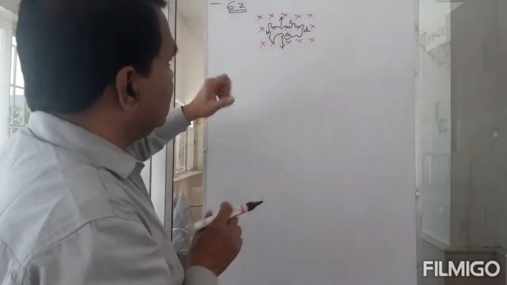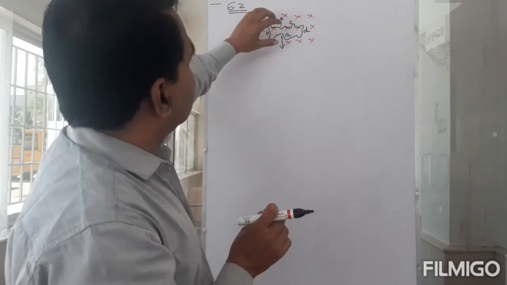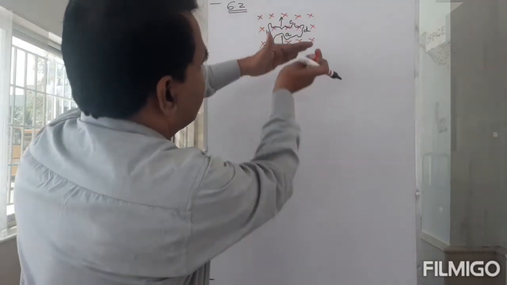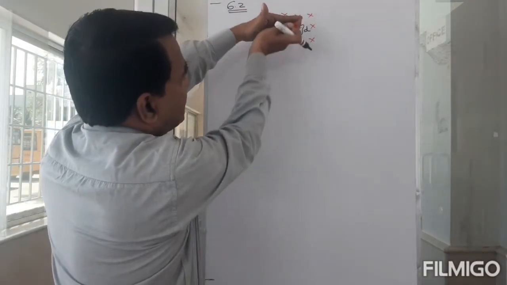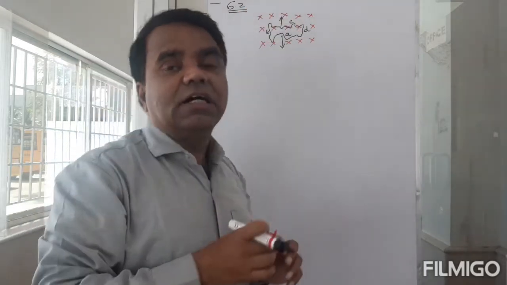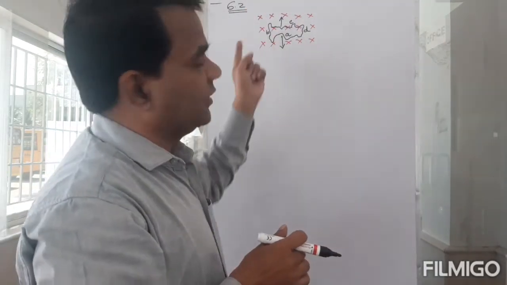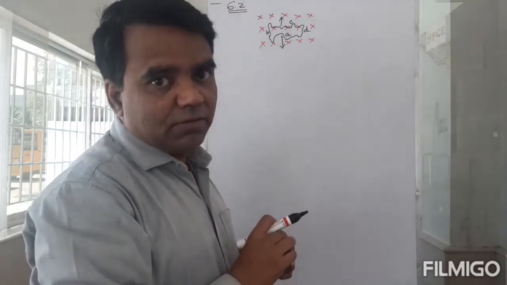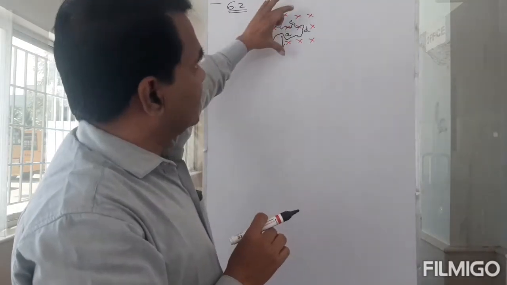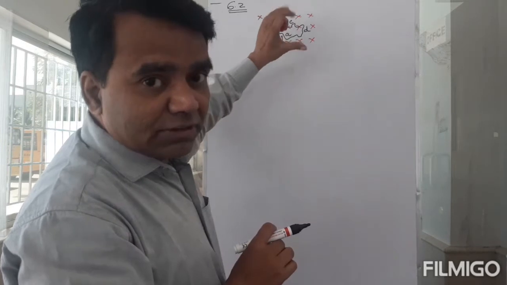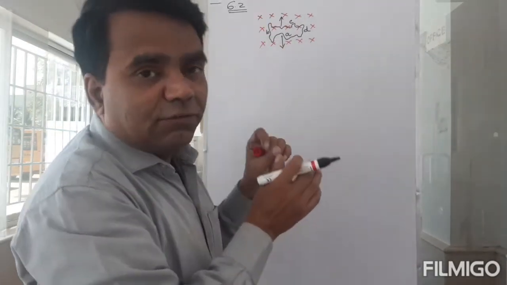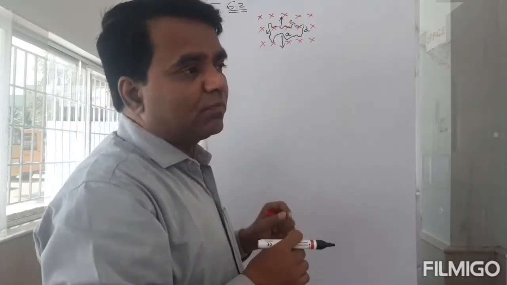Clearly, as it is from a narrow strip, as it is becoming a circle, the area of this wire increases. If the area increases, then the flux through it also will increase. The flux through the loop will also increase.